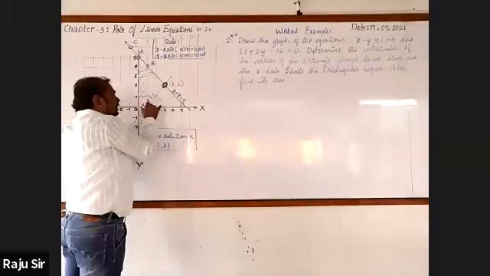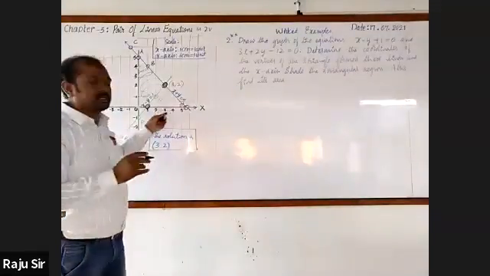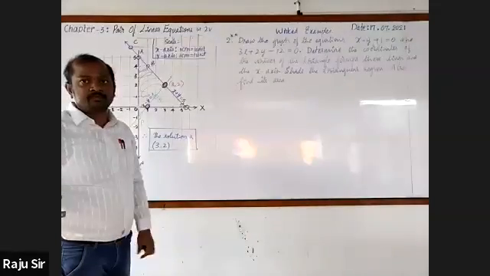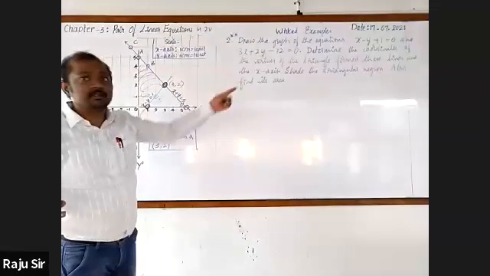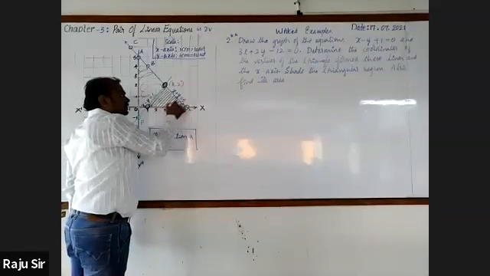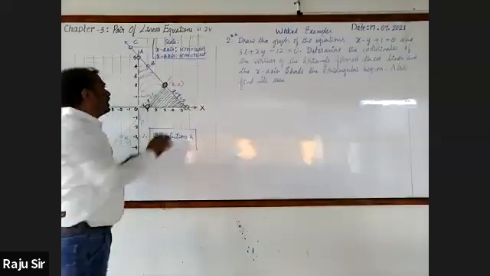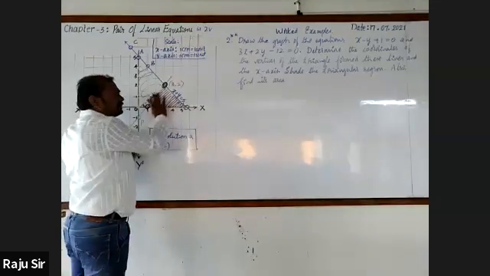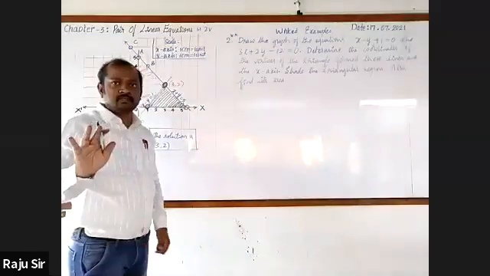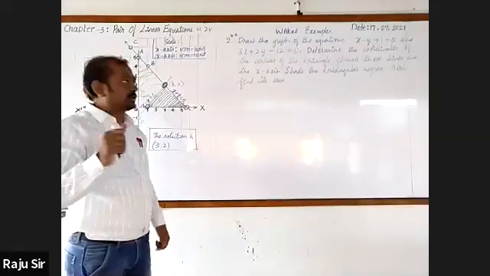You have to write the coordinates of all the three vertices. Next, you have to shade the triangular region. Next, one more sub question is, after all this, you have to find out its area. Got it? Understood?